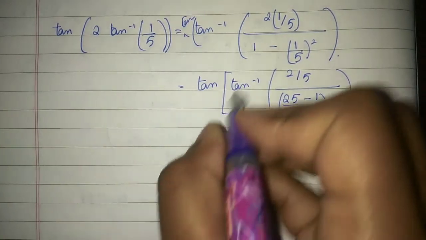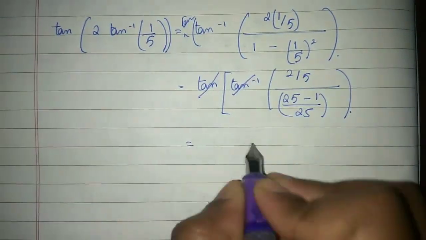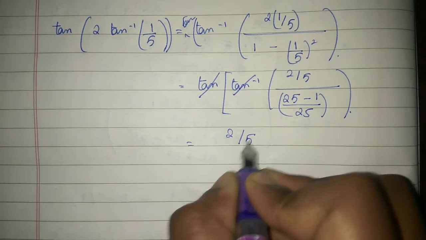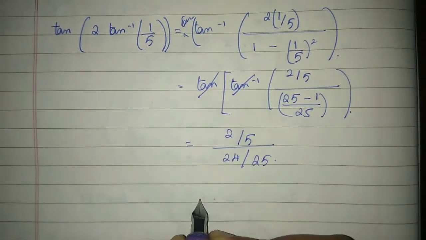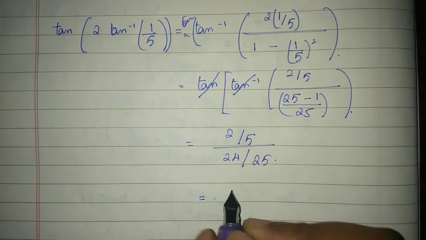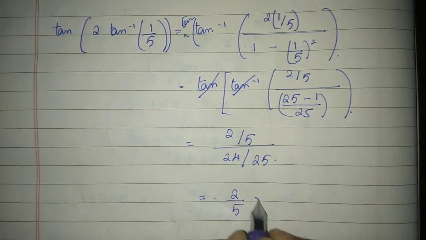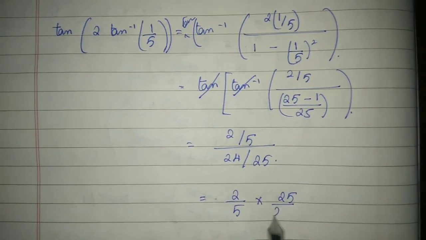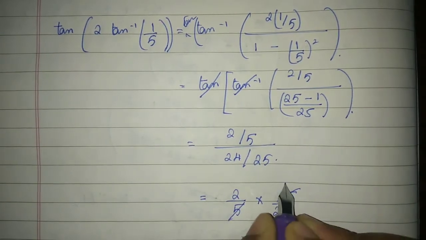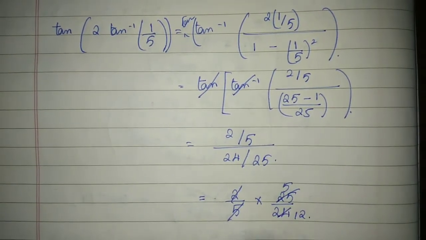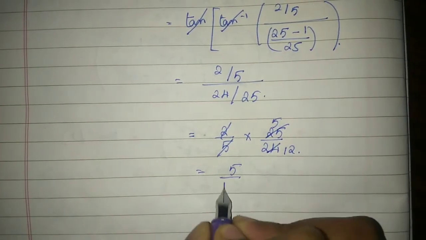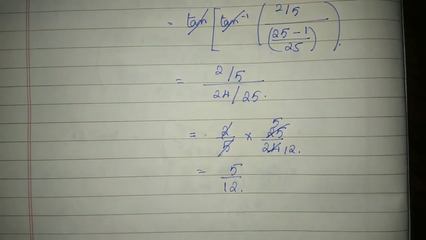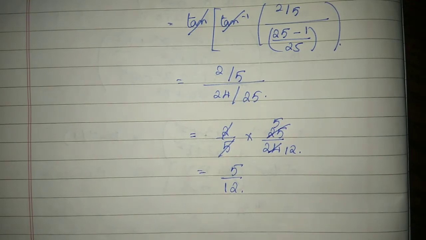So tan and tan inverse will get cancelled. So 2 by 5 divided by 24 by 25. So I will have 2 by 5 into 25 by 24. So 5, 12. So the final answer is 5 by 12. So therefore the value of tan of 2 tan inverse 1 by 5 is 5 by 12.